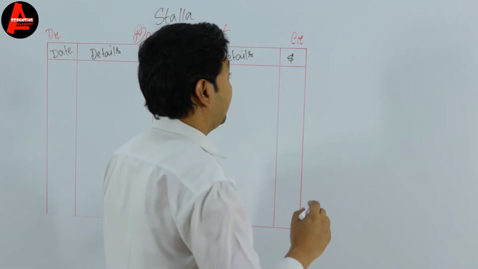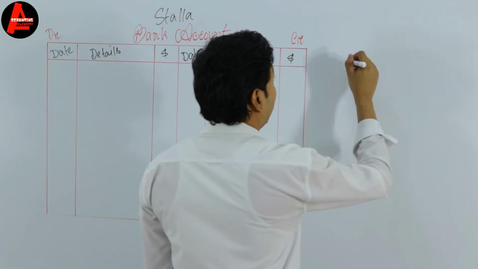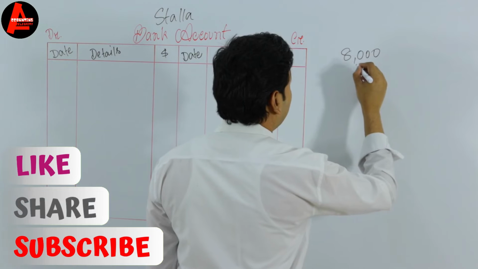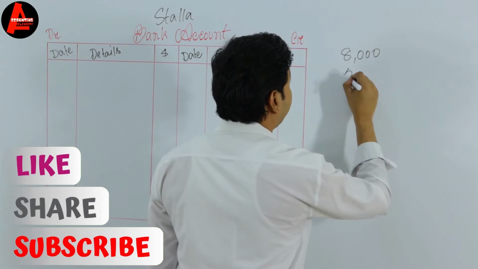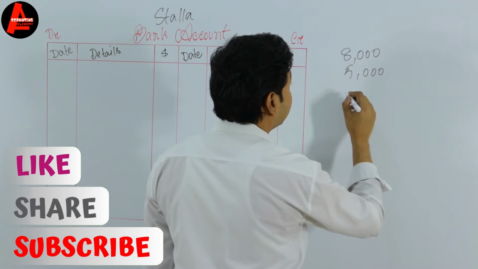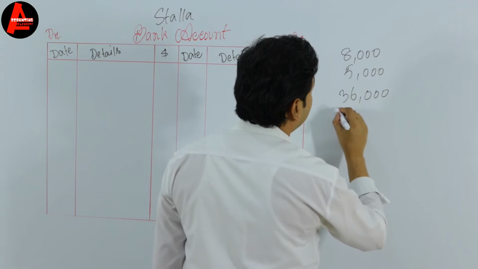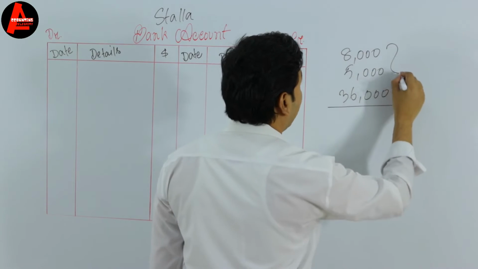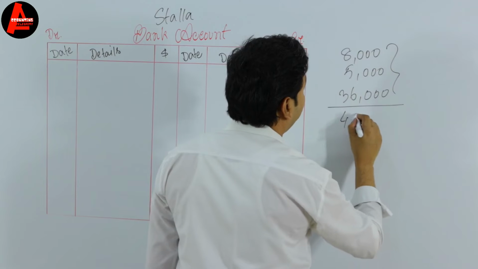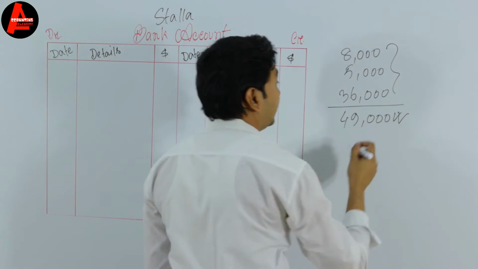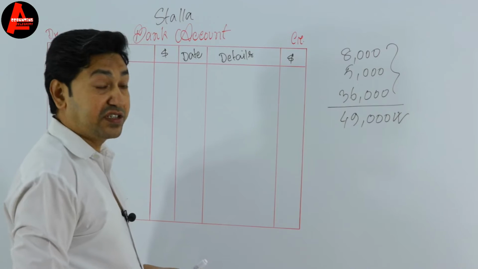Let us sum up these three amounts: capital was $8,000, loan was $5,000, and sales were $36,000. If we sum them up, we get $49,000. This is our total receipts.